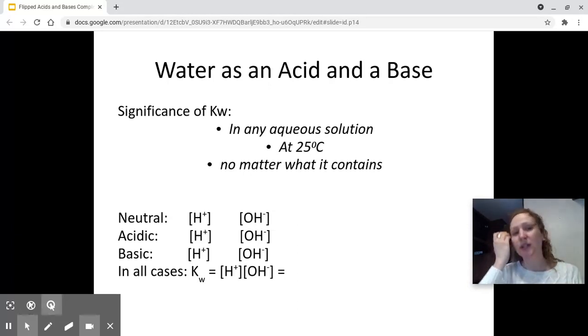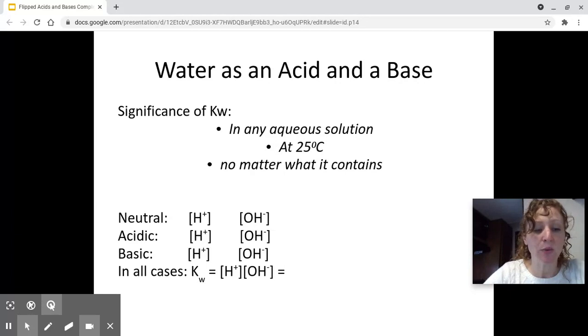But once you start putting other things in there that react with water more so than water reacts with itself, you're going to skew this hydrogen and hydroxide concentration relationship. So we get into these definitions of what is a neutral solution, what is an acidic solution, what is a basic solution, right? Remember that the Kw is a relationship that is always true as long as you're at STP.